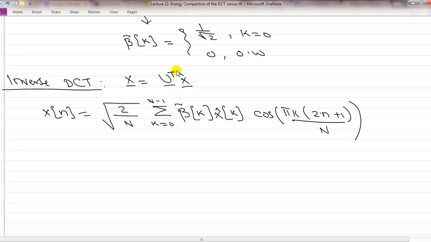So beta tilde k should be equal to 1 otherwise, yes. And this is the inverse DCT expression.